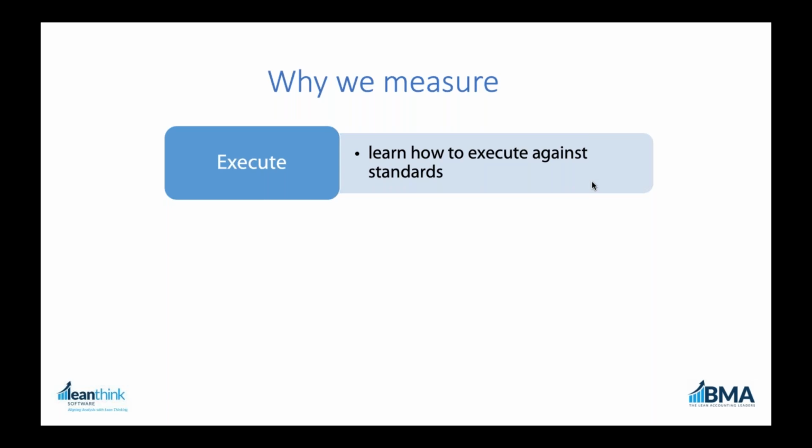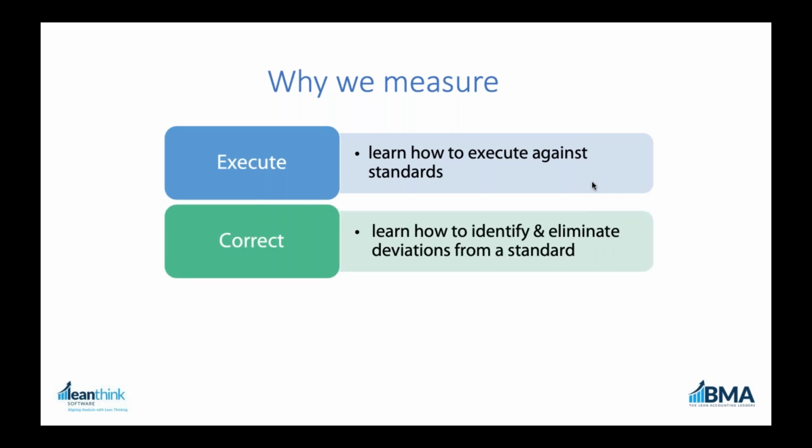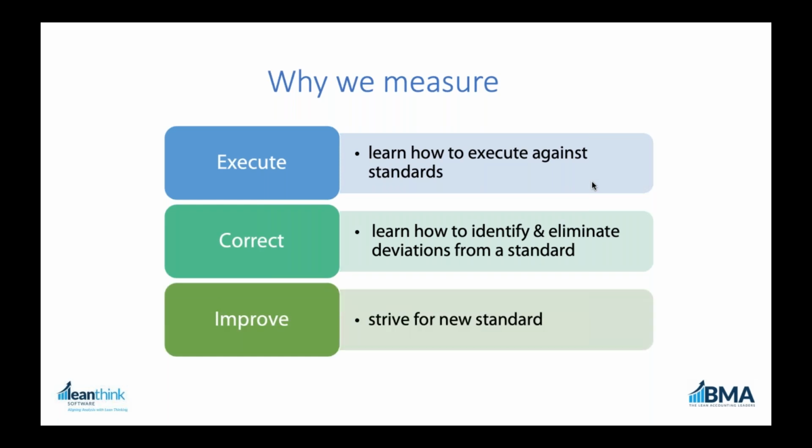It's really about creating stability in performance. We also want to be able to identify and eliminate any deviation from whatever the standard is, whether it's a short-term countermeasure to get back on track, or an improvement activity which eliminates the deviation. And ultimately, we want to strive to reach new standards.